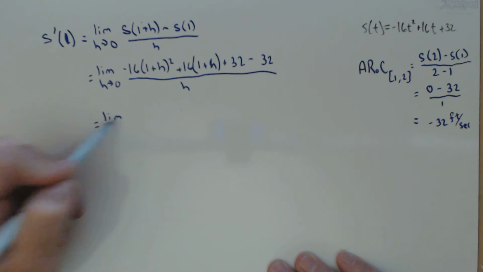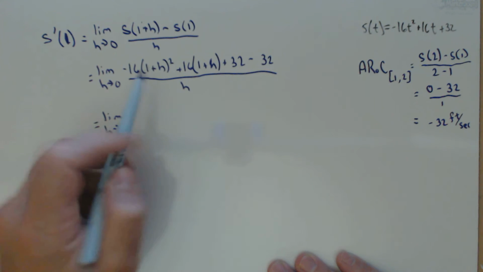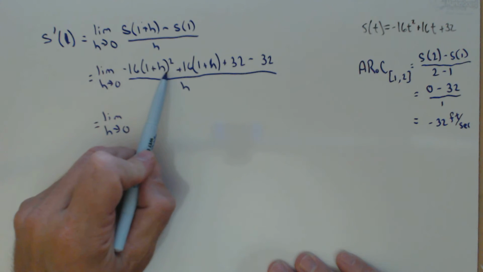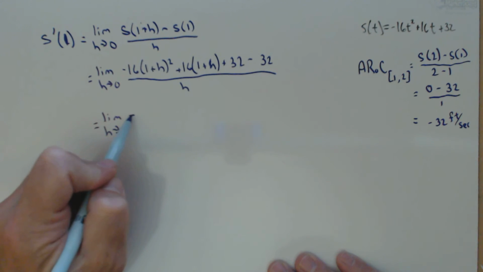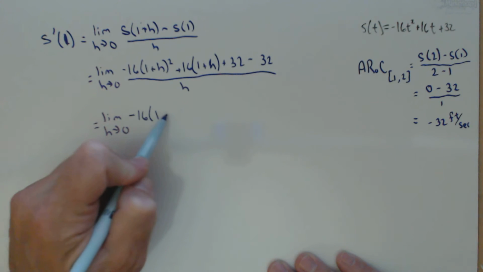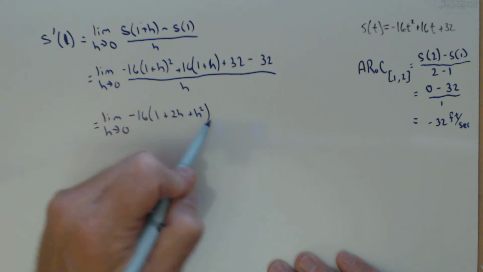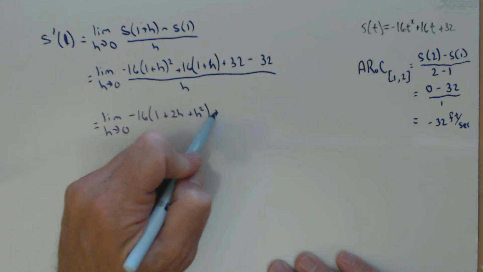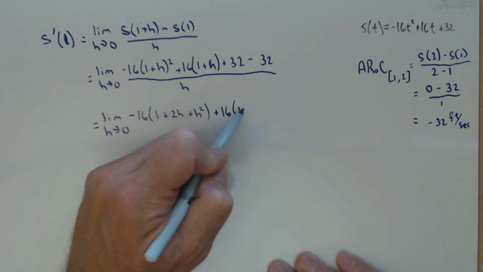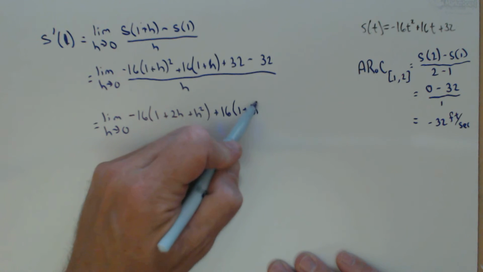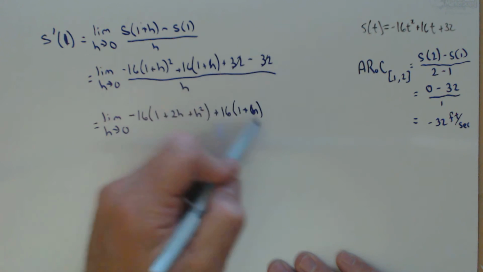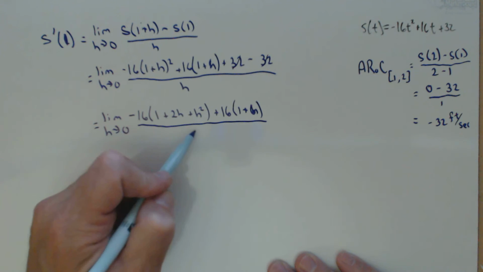Now multiplying this out, one of the most common mistakes is to rewrite this as 1 squared plus h squared. This has to be FOILed out, and when you do, you'll get 1 plus 2h plus h squared plus 16 times 1 plus h, and then these will cancel, and we'll continue from here.